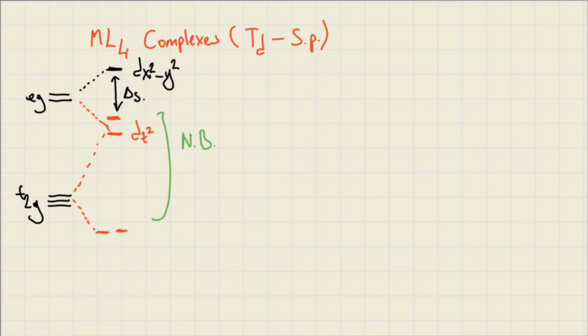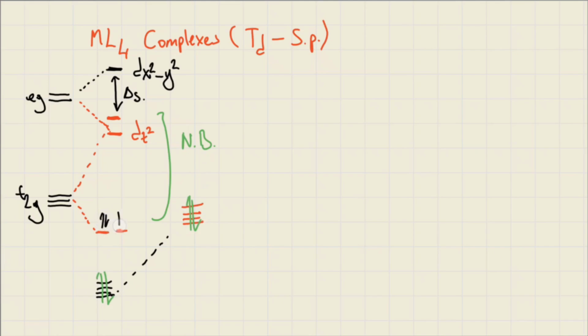The main difference between octahedral and the square planar complex is that we remove two ligands which stabilize the Z component. And if we fill the orbitals, and of course we have ligand orbitals, and ligand orbitals will be stabilized, and they will completely fill the molecular orbitals.